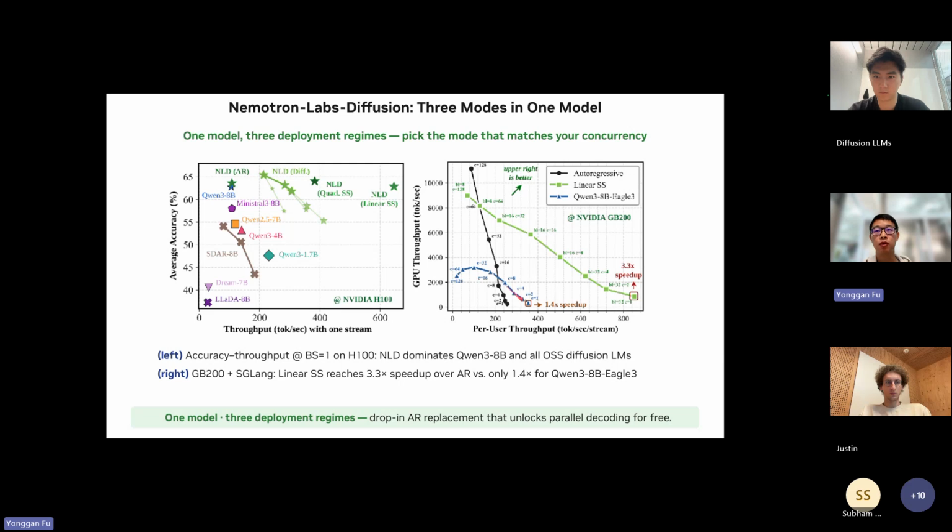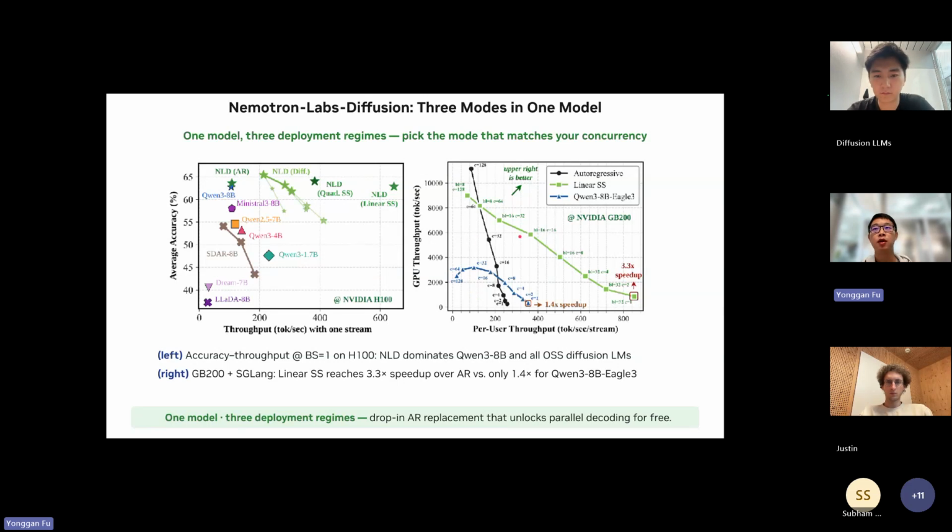And the blue curve is the achievable trade-off by the existing MTP method called Eagle3. For the existing MTP method, we can achieve good accuracy and good throughput under low concurrency, meaning small batch sizes. But when the concurrency is high, it actually falls behind AR models.